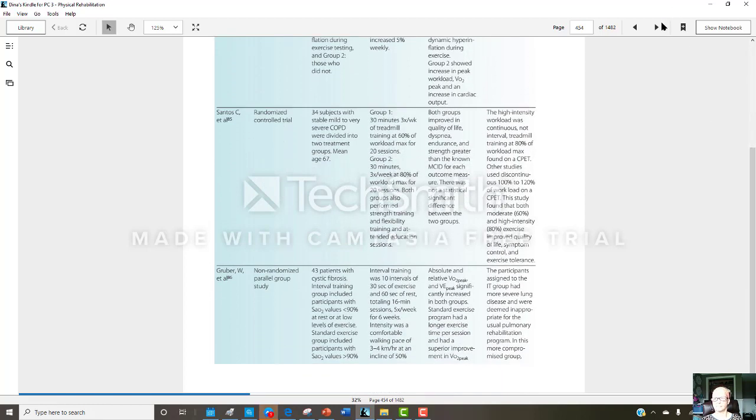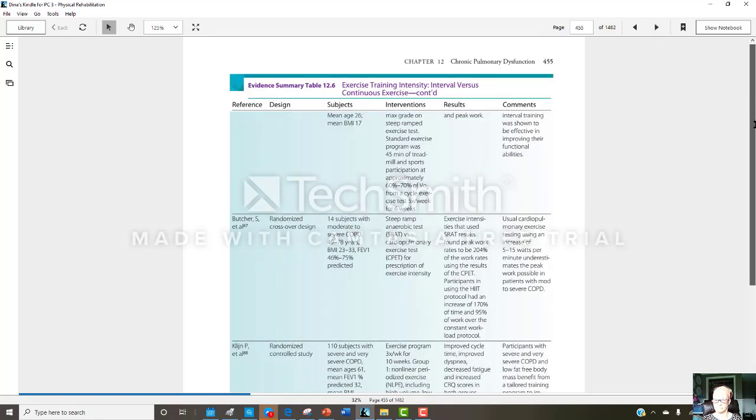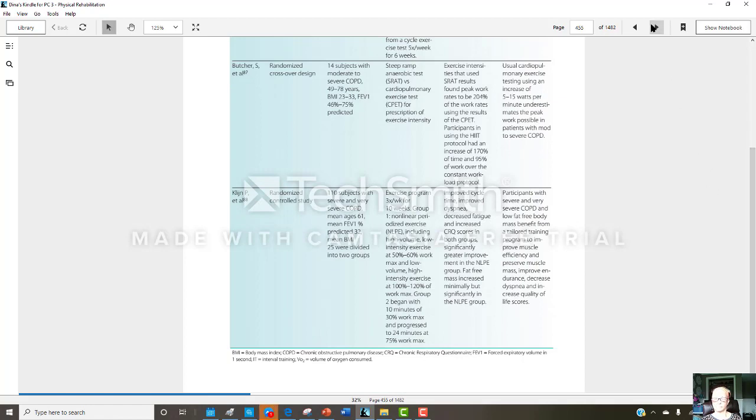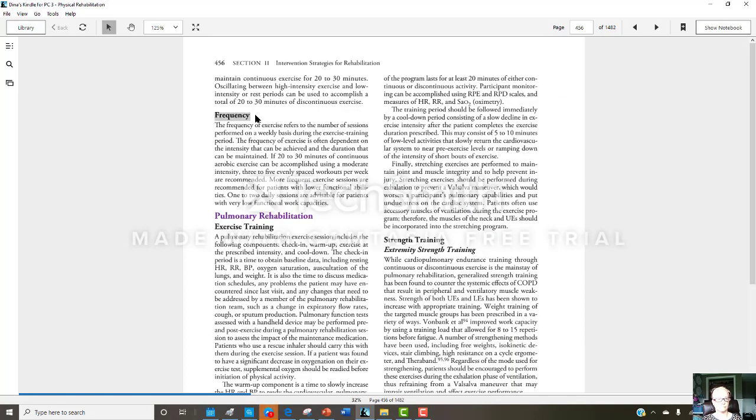The frequency of exercise is often dependent on the intensity that can be achieved and the duration that can be maintained. If 20 to 30 minutes of continuous aerobic exercise can be accomplished using a moderate intensity, 3 to 5 evenly spaced workouts per week are recommended. More frequent exercise sessions are recommended for patients with lower functional abilities. One to 2 daily sessions are advisable for patients with very low functional work capacities.